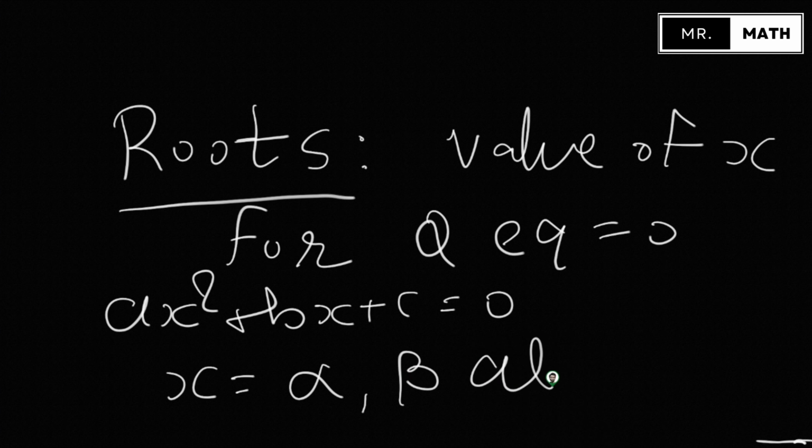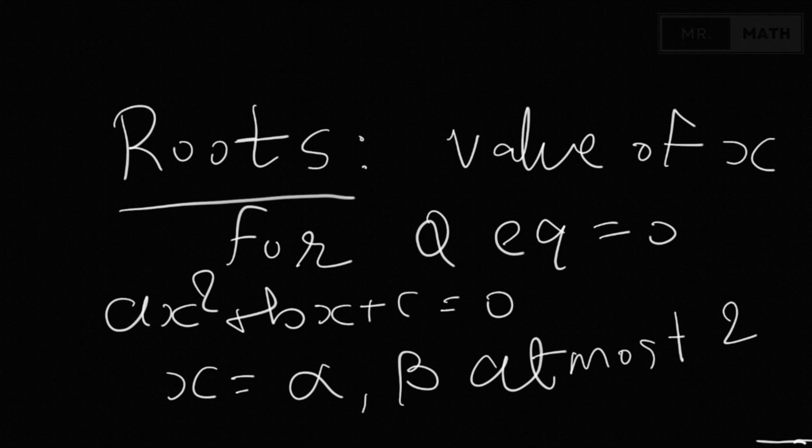X can have only 2 values, at most 2. This means there would be only one value or 2 values, right?